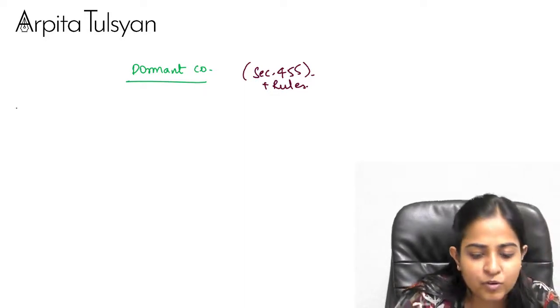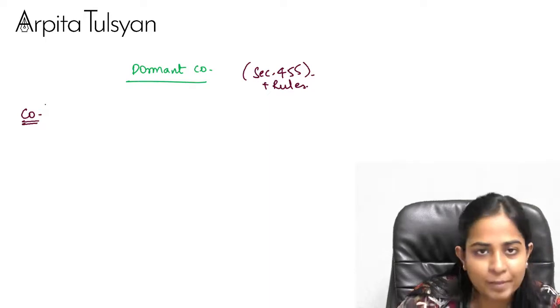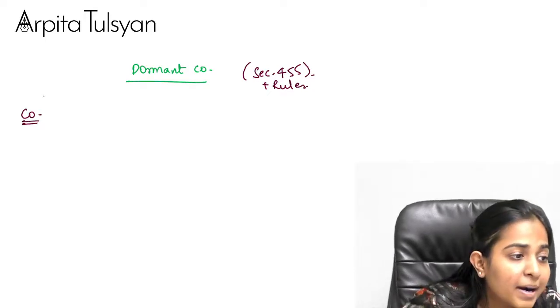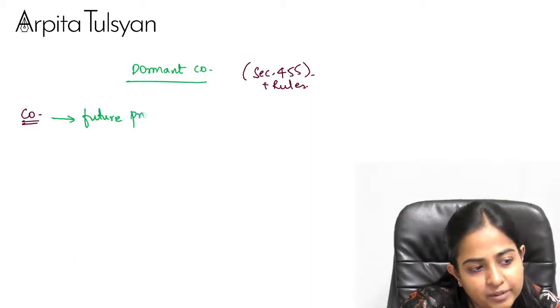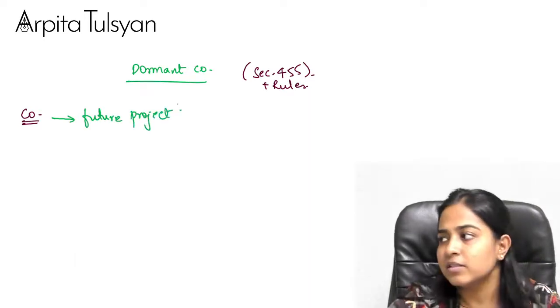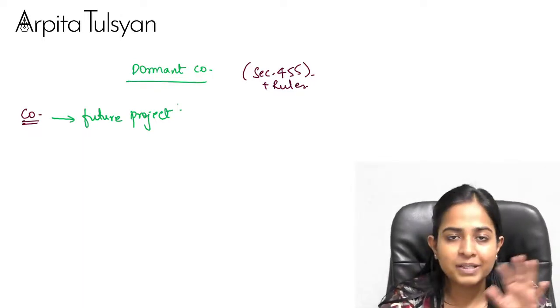Suppose there is a company which was formed under the Companies Act, but it was formed for a future project. At the time of formation itself, it knew that the main operations would not start now.